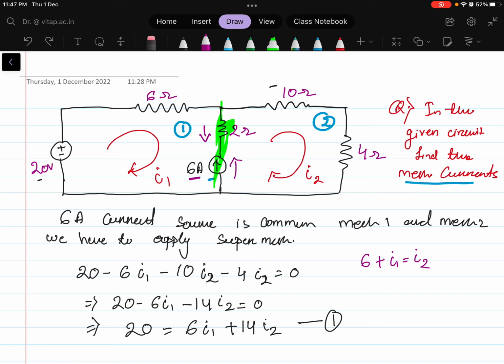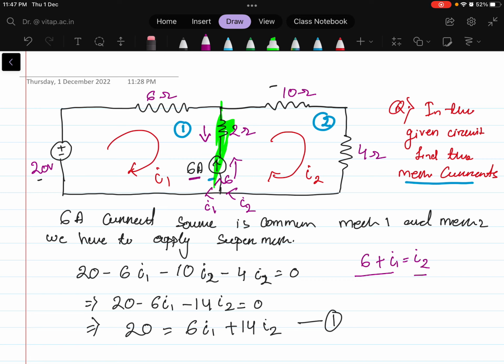If I apply nodal analysis or the KCL here, here it is I1, and at this place it is 6, and here I2 is coming. So I2 is inward and I1 and 6 are outward. So I can write 6 plus I1 is equal to I2.